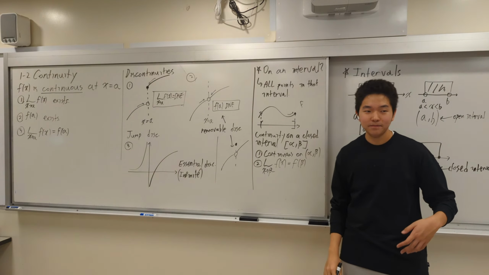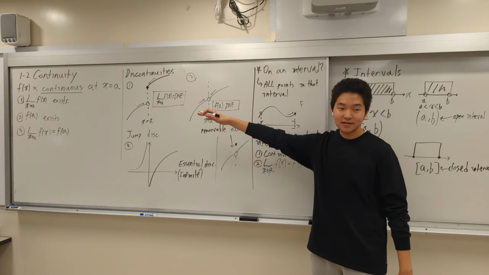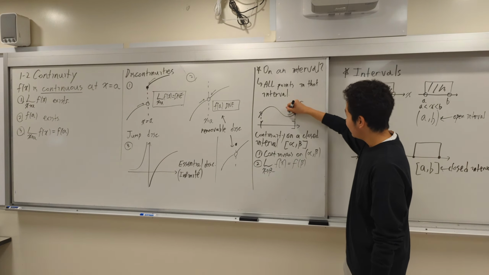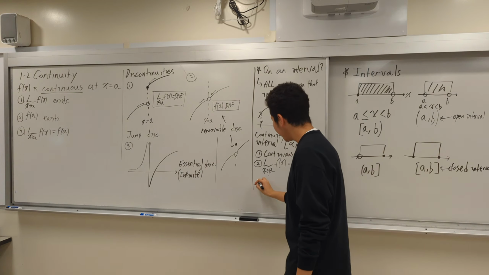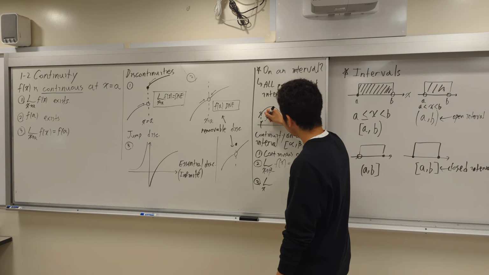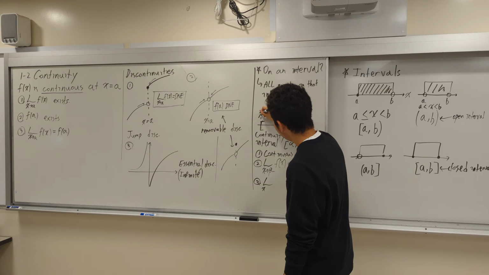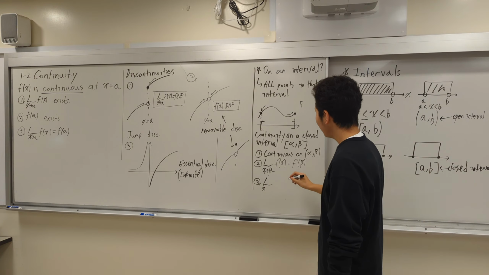So it's kind of being more relaxed on the rules compared to that, right? We only have to look at the left-hand limit for continuity on an interval. Number three, for alpha, if I actually want this to be also closed, we only have to look at the plus limit.